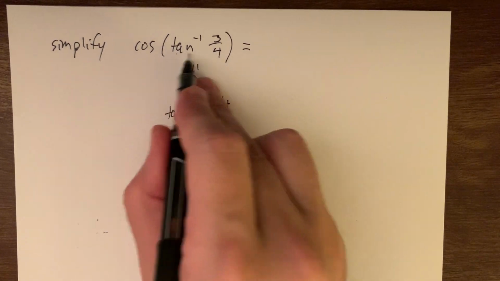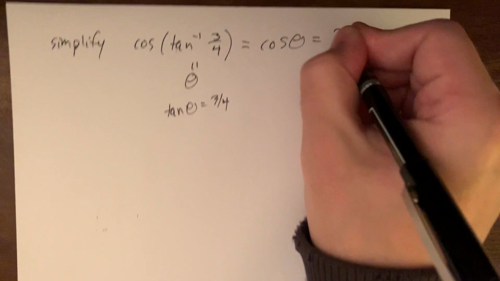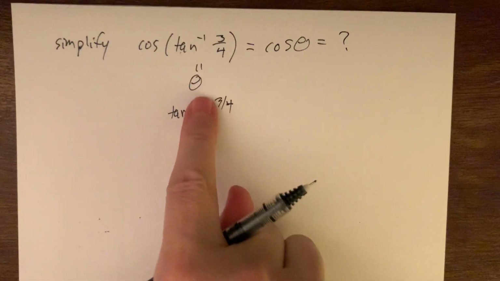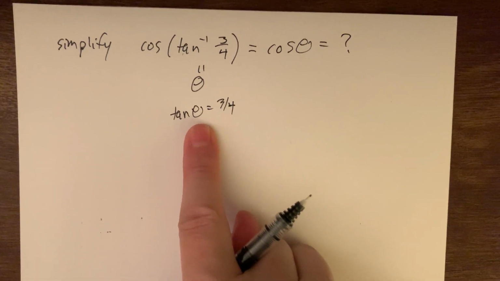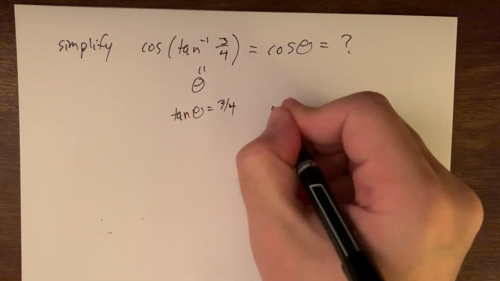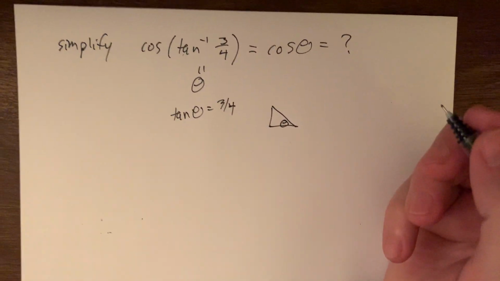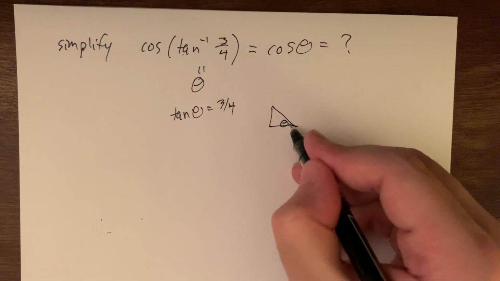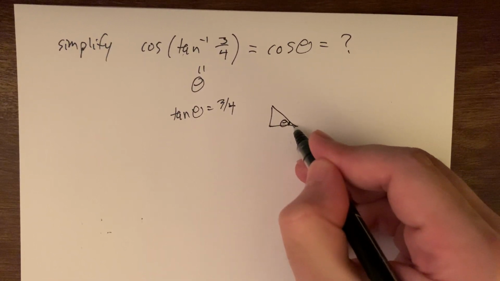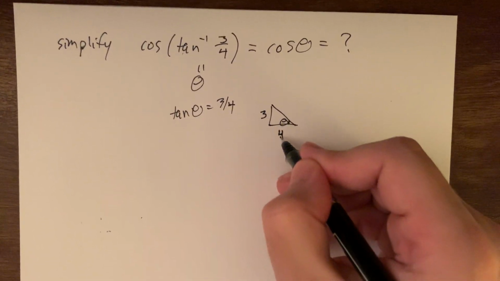But by recognizing that this is some angle, this problem really wants us to figure out what is cosine at that angle. And I don't need to know what the angle is to know that. All I need to do is make a right triangle and use our right triangle facts. For cosine, I like to just stick my angle theta in this corner, and with this basic setup, my opposite side would be 3, my adjacent side would be 4.